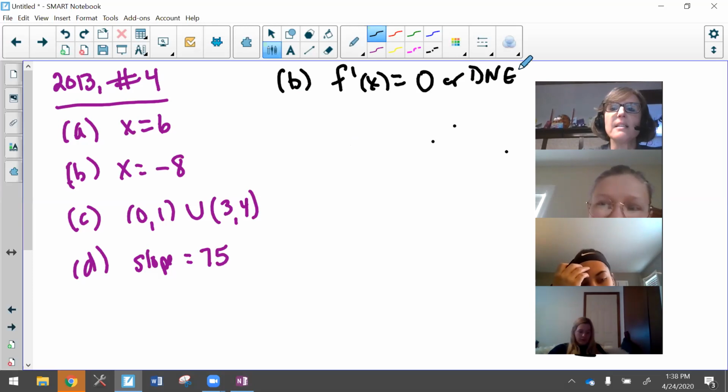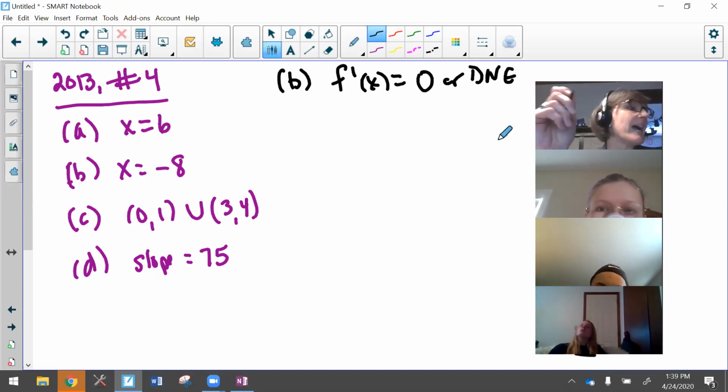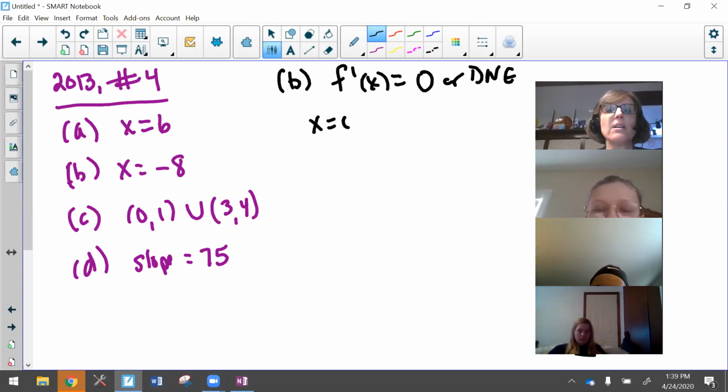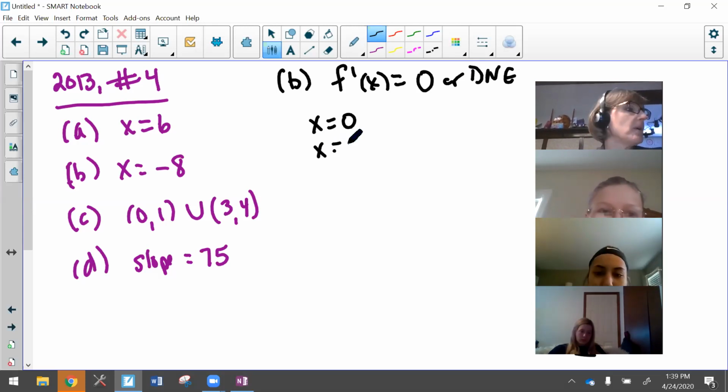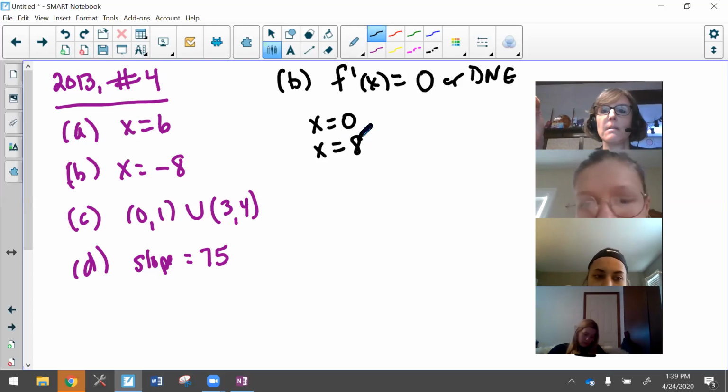And because this is a closed interval, 0 is less than or equal to x is less than or equal to 8, we also have to think about the endpoints. So our candidates here are x equals 0 and x equals 8, because those are the endpoints.